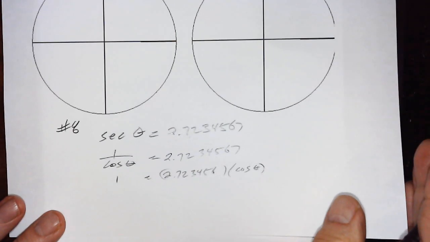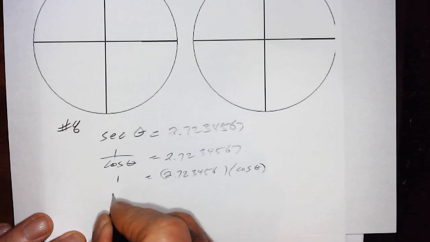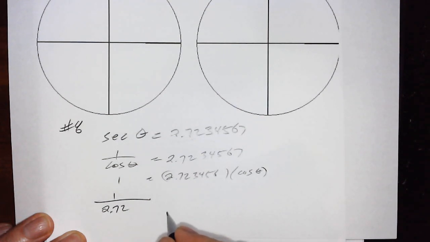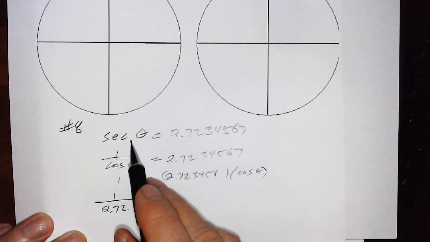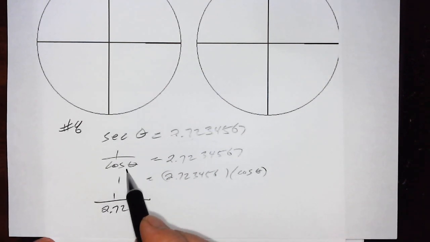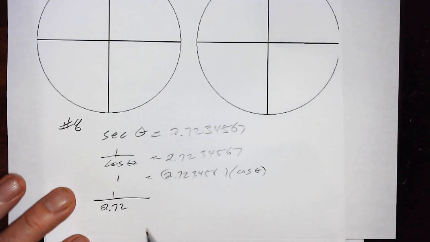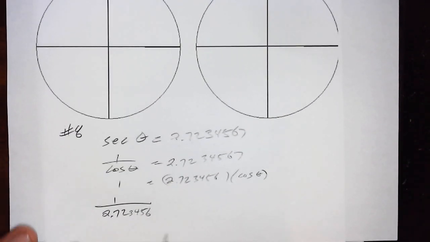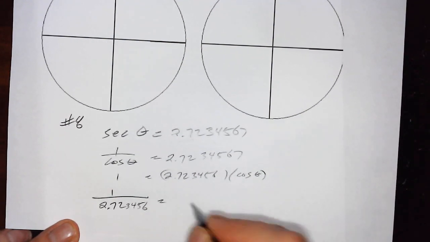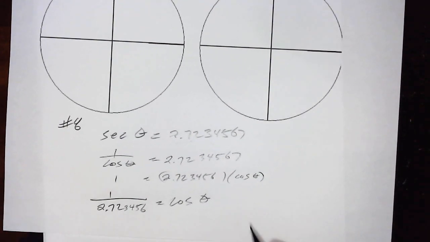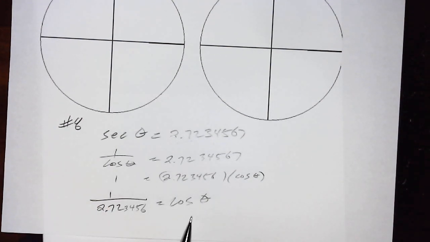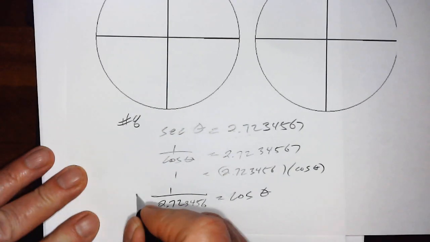Now, let's divide both sides by this. This is kind of what I've already been talking about in this video. 1 over the cosine is the secant. That enables us to find this out. So in other words, they were asking us to find theta. I need to do one more calculation.